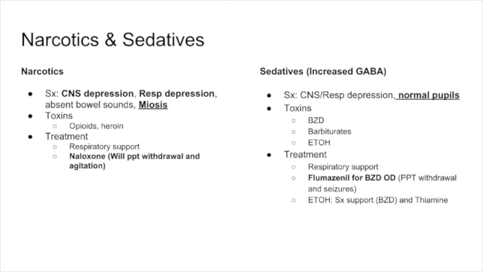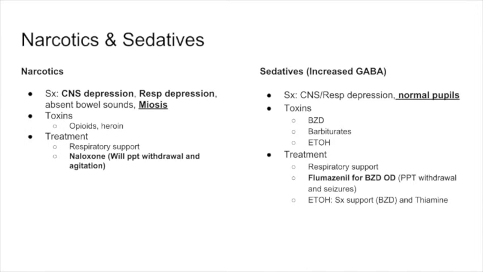For sedatives, remember that sedatives work by increasing GABA. The symptoms of sedative overdose are CNS and respiratory depression, but the biggest differentiation between the sedatives and the narcotics is that sedative overdose gives the patient normal pupils, so the pupils are not constricted, versus in narcotics, the pupils are constricted.